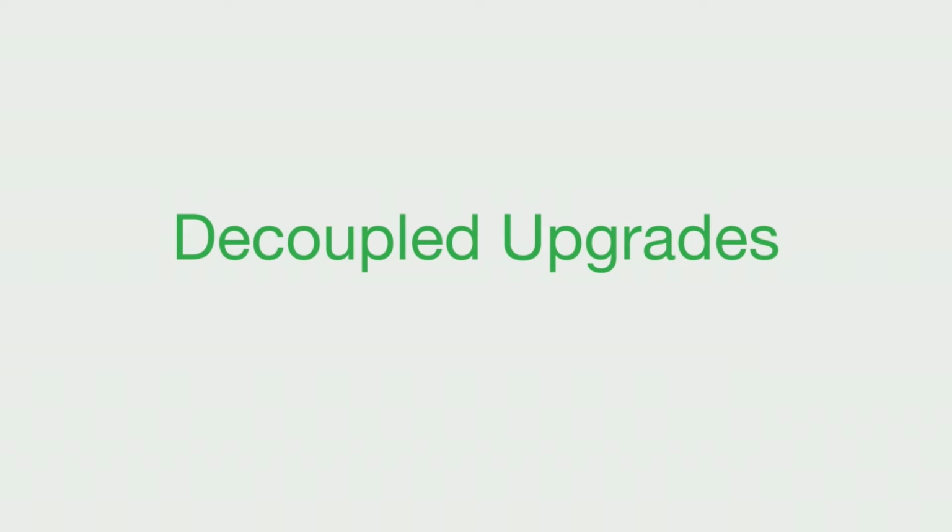So one of the biggest is decoupled upgrades. The biggest motivator behind decoupling the upgrades comes from one of the bigger pain points in Drupal, and that is that in Drupal, your redesign is likely going to require a migration or a replatform.